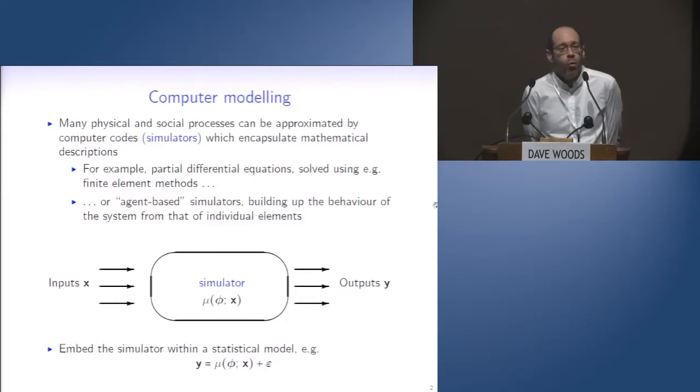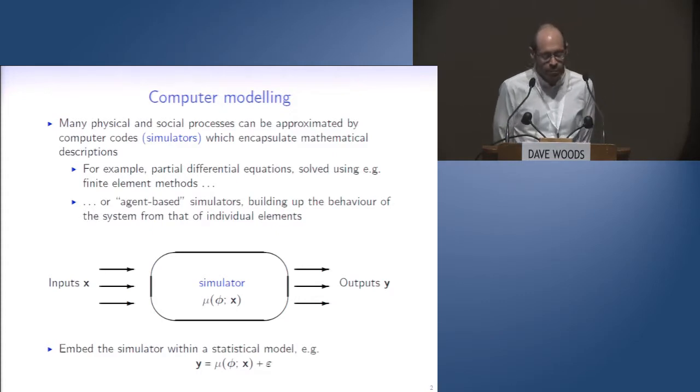So in all areas of science, not just the engineering sciences now, but the biological sciences and the social sciences as well, scientists are using complex mathematical models which are encapsulated in computer codes to try and understand the physical systems which they're interested in. So we're going to call these mathematical models, and particularly the implementation of them, we're going to call those simulators.